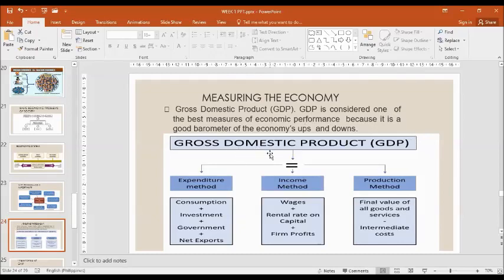Here, GDP involves the expenditure method, income method, and production method.